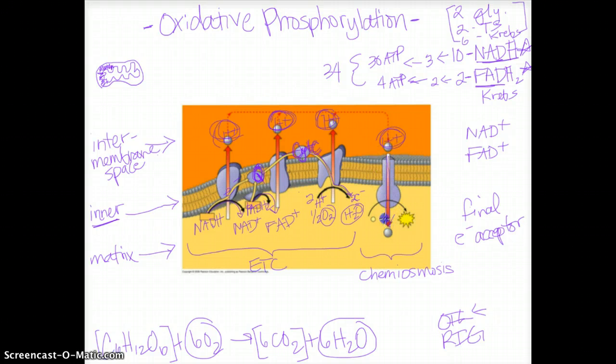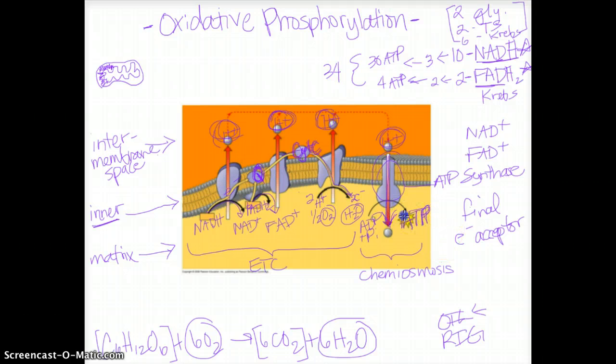So as the hydrogen ions are flowing through this molecule here, this protein here is called ATP synthase. As the hydrogens flow through, ADP plus Pi, ADP is going to be phosphorylated. We're going to form ATP.